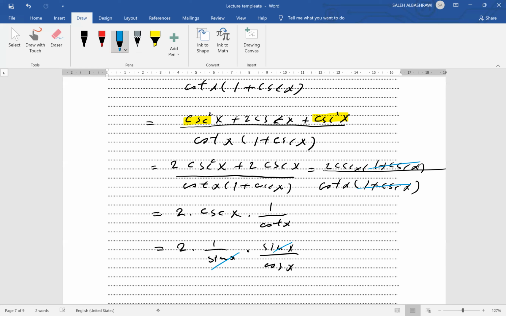So sine will cancel sine. I will have 2 times 1 over cosine of x, which is equal to 2 secant of x. And this is the right hand side. So it is done. The left hand side equal to the right hand side, and the identity is verified.